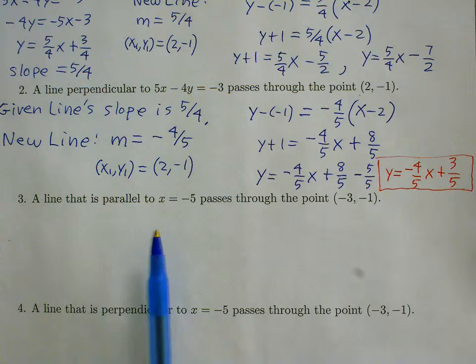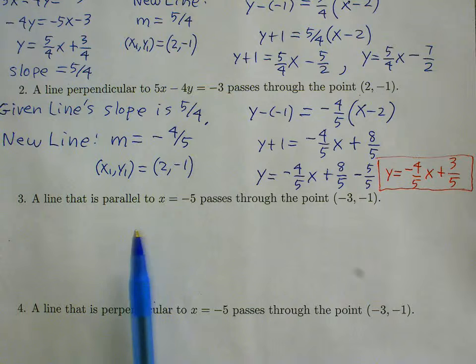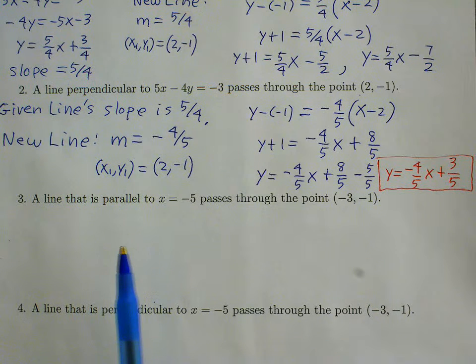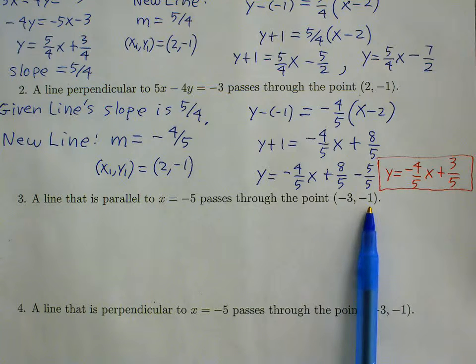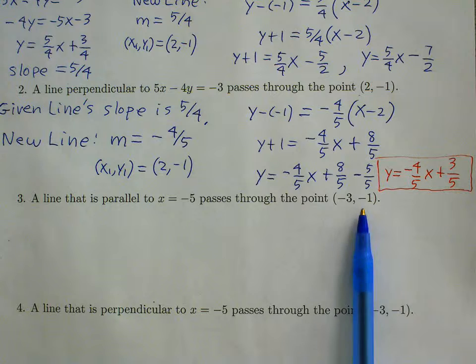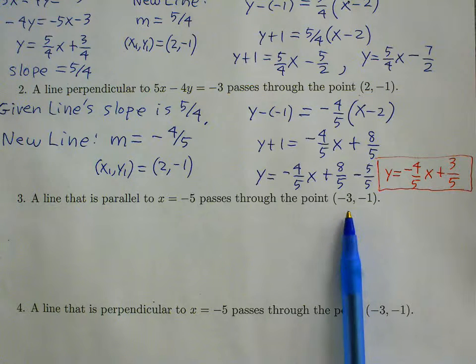Okay, well, in the xy plane, a line that is parallel to a vertical line is also vertical, right? Two vertical lines are parallel. And if that vertical line passes through the point -3, -1, then every point on that vertical line will have the same x coordinate of -3.